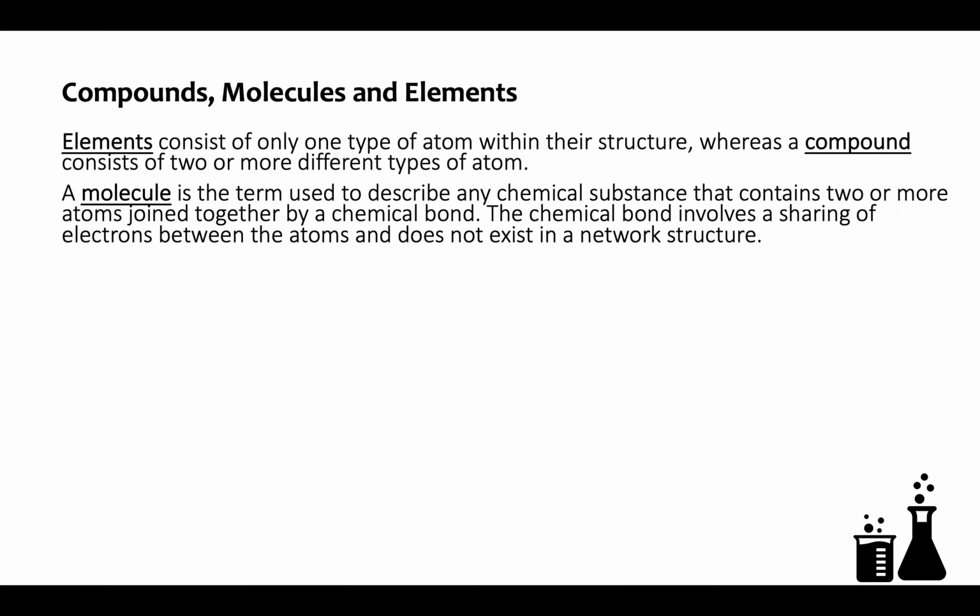And a molecule is the term used to describe any chemical substance that contains two or more atoms joined together by a chemical bond. And the chemical bond that we're talking about in this situation is specifically a covalent bond.